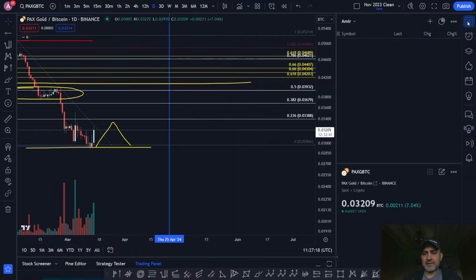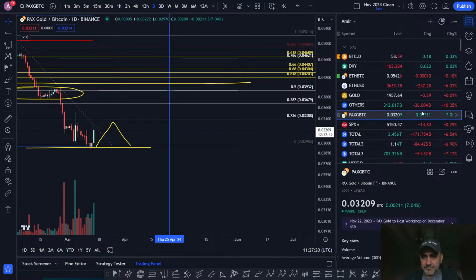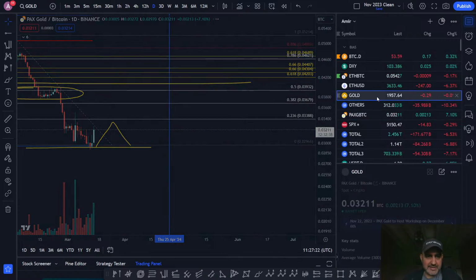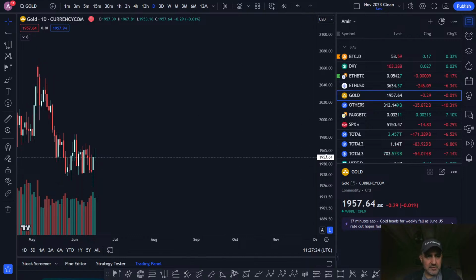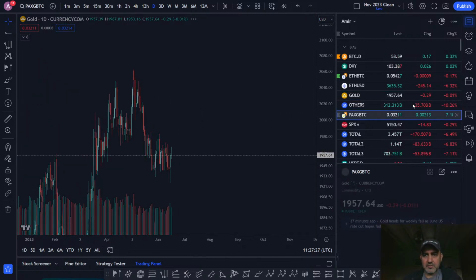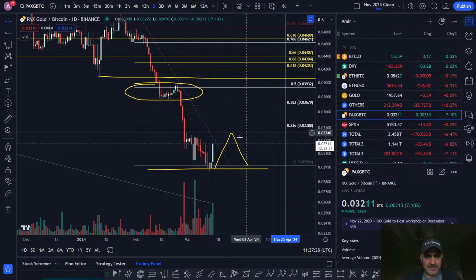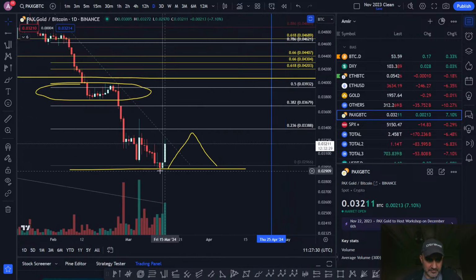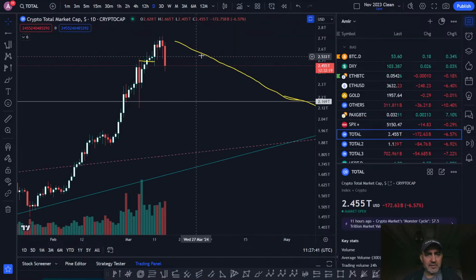Gold is up 8% against Bitcoin. And actually the price of gold hasn't moved. So if anyone was trading PAXG and Bitcoin, they could have just bought PAXG and they'd be 8% up against Bitcoin, just because gold hasn't moved and Bitcoin has. Look at that.